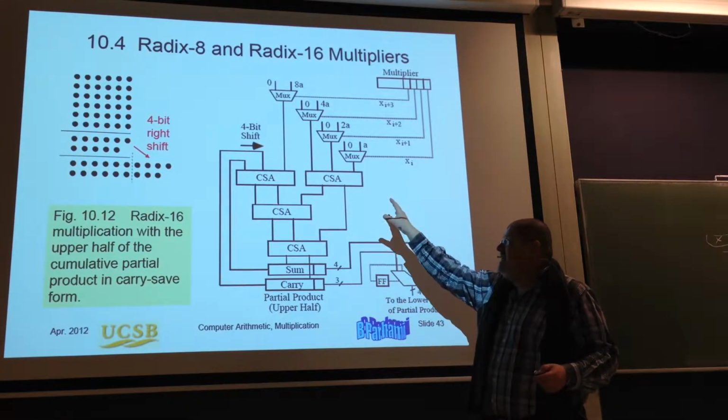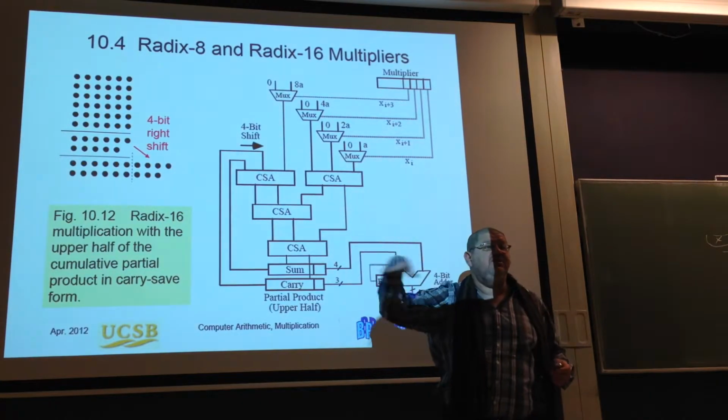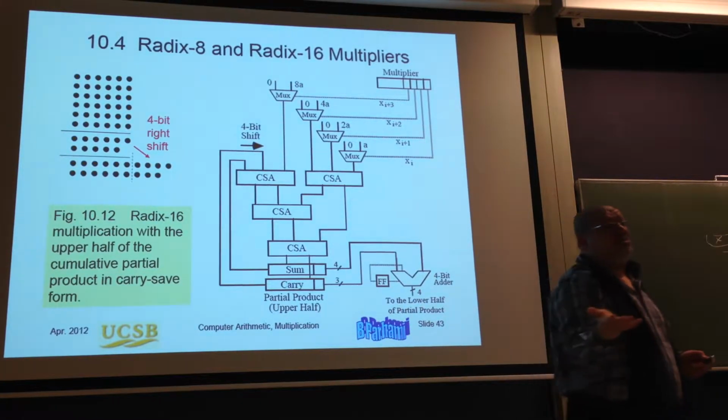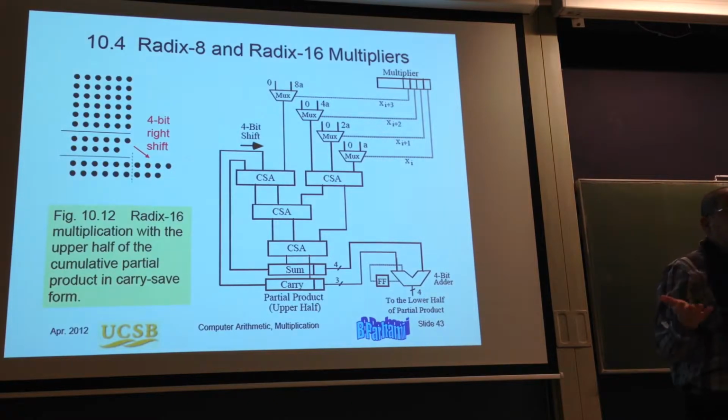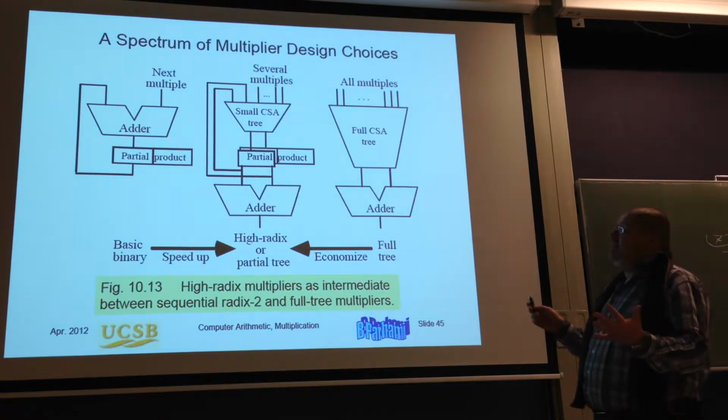When the radix is getting high, then this tree will be the dominant guy, and then I will see it like a partial tree multiplier. It's a matter of terminology, but at the end of the day, the difference is between considering few bits at a time or many bits at a time. Okay. And in this domain, I can play the way I like.